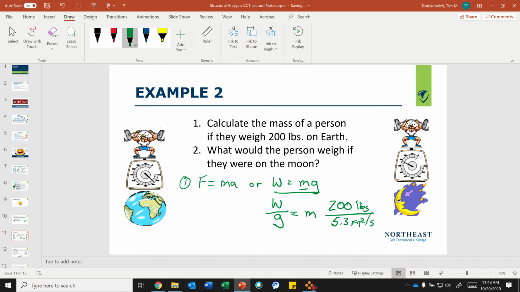It's English units, so that's going to be slugs. 200 divided by 5.3, and I get 37.73 slugs equals mass. So that's problem 1.